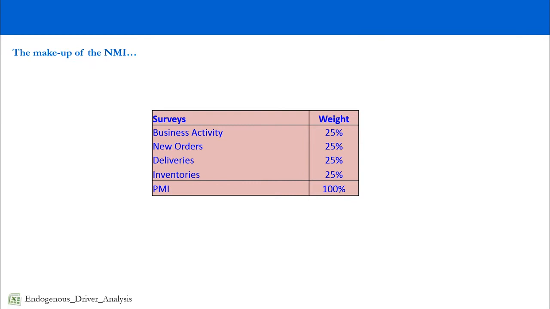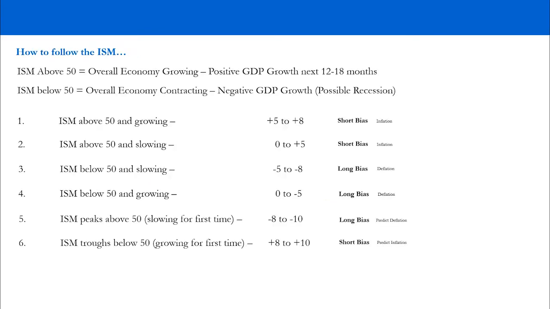The NMI is slightly different to the ISM in terms of its makeup. There are 4 areas that we look at: business activity, new orders, deliveries, and inventories. There's a 25% weighting given to each area, and that creates the composite PMI for the non-manufacturing index, and that's what we're really interested in.